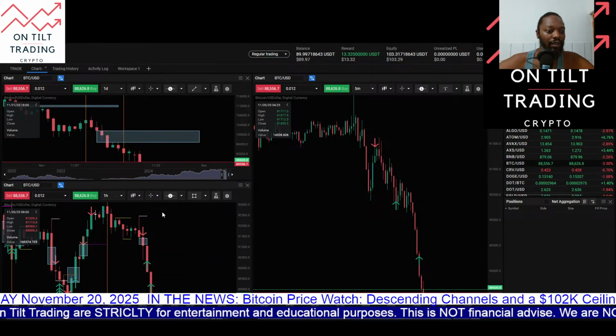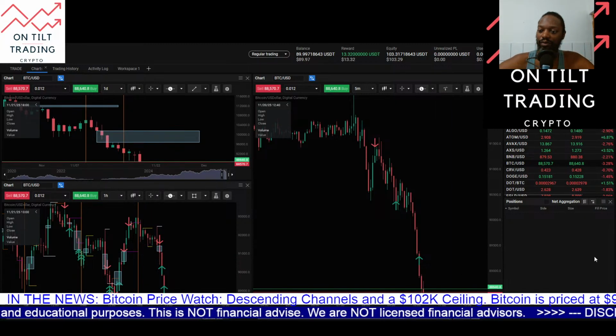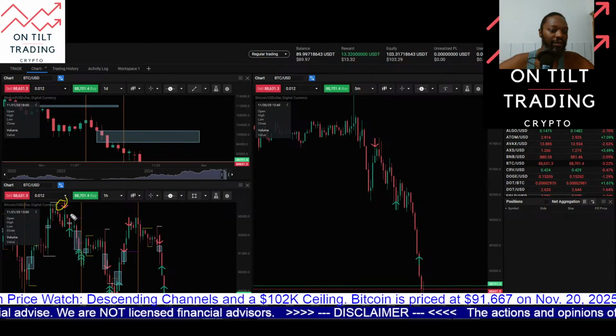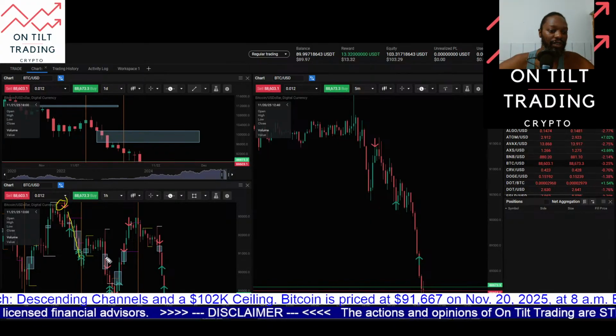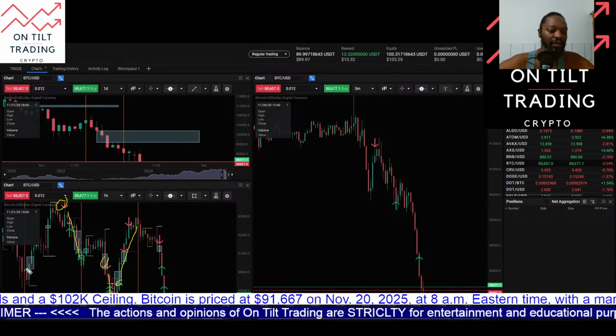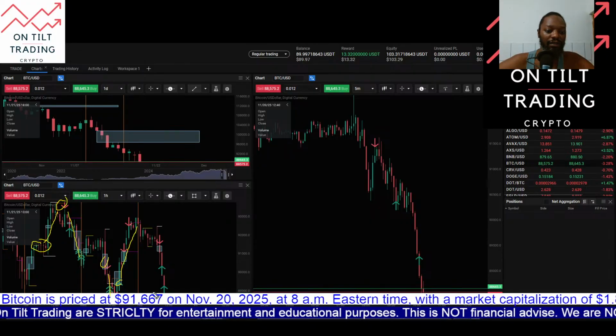So overall, the last couple of days, if we look back, I've been able to take full advantage of my system here. You can see this short trade here, a short trade here, this long trade here. I missed this long trade here.